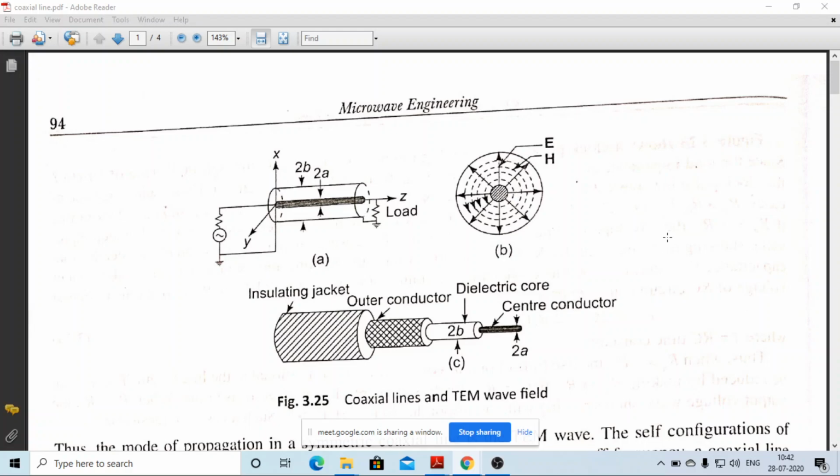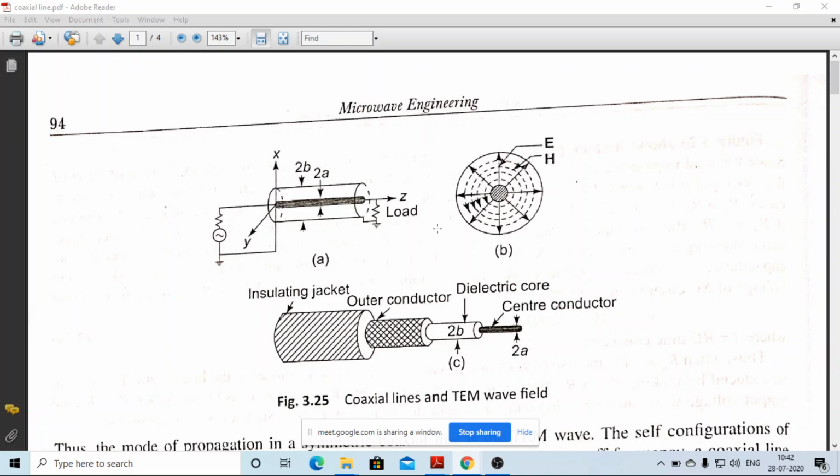There are three diagrams in this figure. The first diagram shows the excitation of the coaxial line by a source, and the methodology to place the load at the second end of your transmission line.